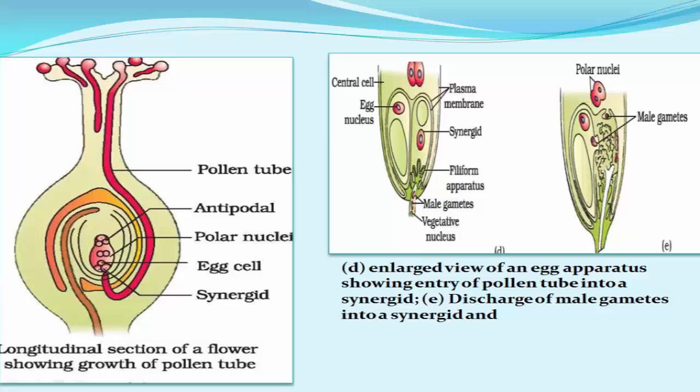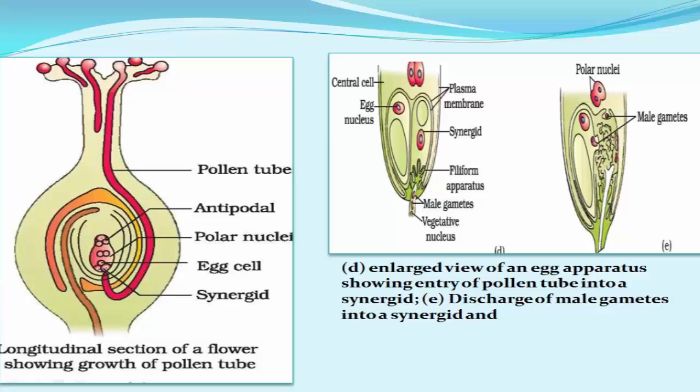If the transferred pollen grains are of wrong type, that is incompatible, the stigma rejects the pollen grain and those pollen grains are prevented to germinate. All these interactions are together referred as pollen-pistil interaction.